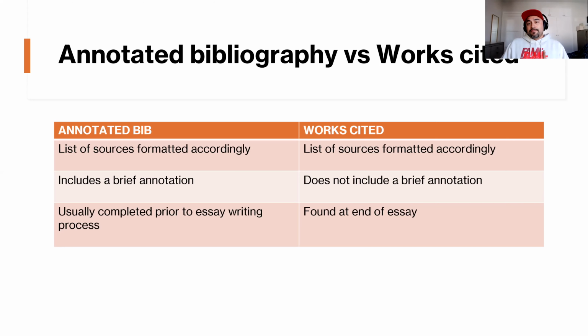So this is the primary difference between the works cited page and the annotated bibliography page. One I think is best suited for the beginning stages. It helps you sift through your sources. Are they difficult to read? Are they difficult to comprehend?